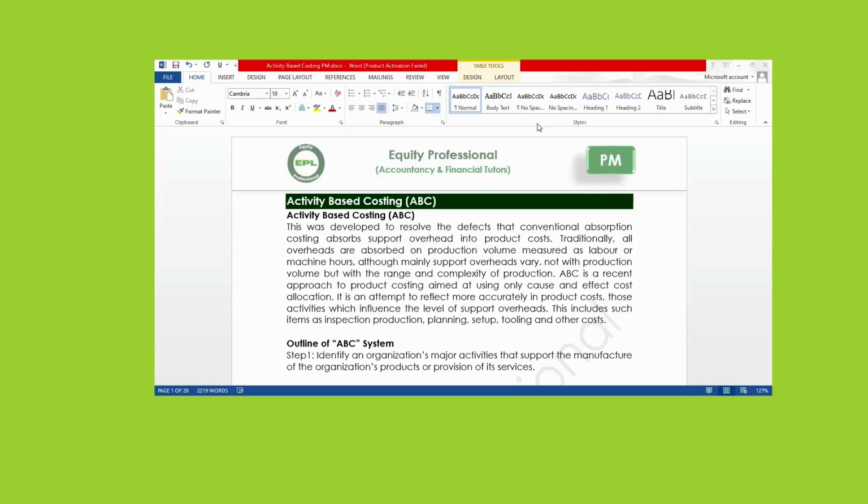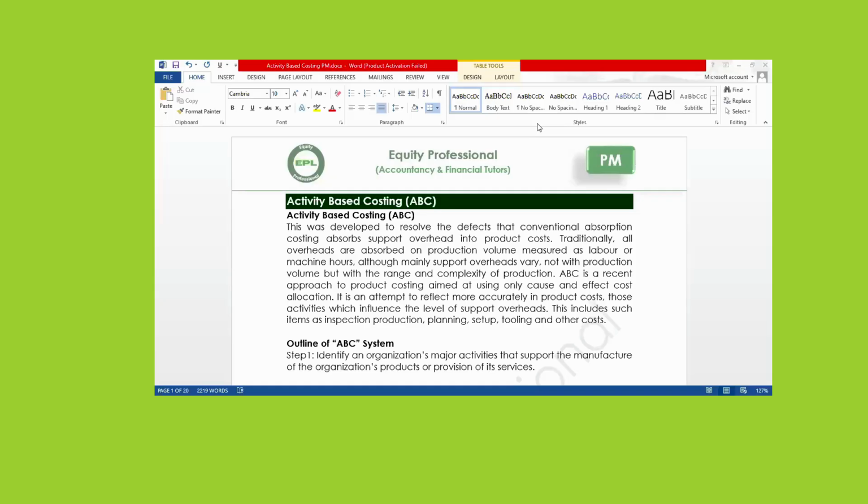Production processes are driven by technology. Most of the overhead costs incurred arise as a result of technology.